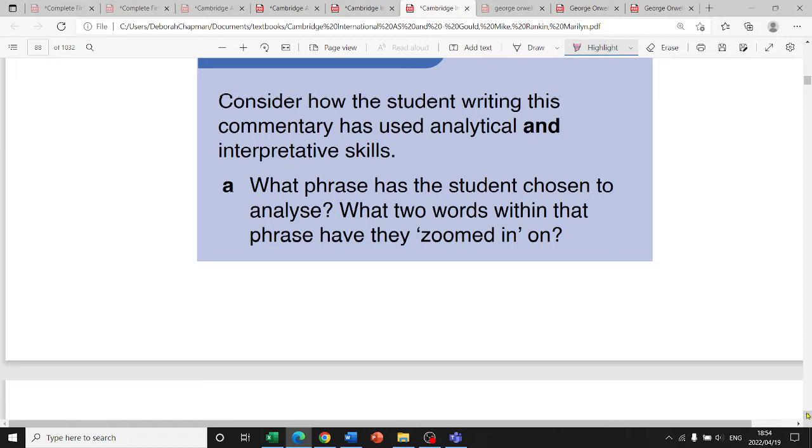Look at some of the phrases you've chosen and think, where could I use a similar technique, where I break down the phrase or the word? I analyze the word. What is the writer suggesting? What does it mean? What is the effect that is created by this? And what does it allow us to interpretively understand?